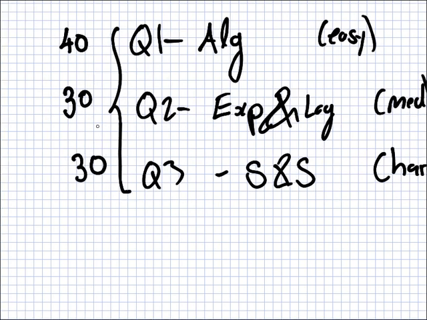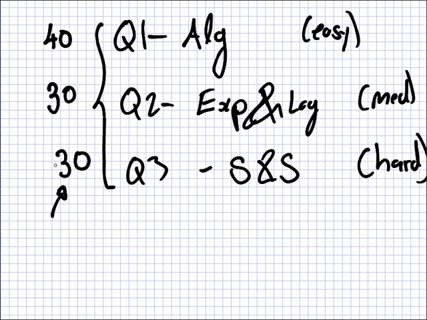Because this one's the easy one, it has the basic stuff in it. If you can pass this question, then you've passed the exam. The next 30 is to see the different levels. And this last one is quite hard. If you get more than 70 in the exam, or even more than 80, then you're a very capable student. So I think I will make the marks 40, 30, 30.